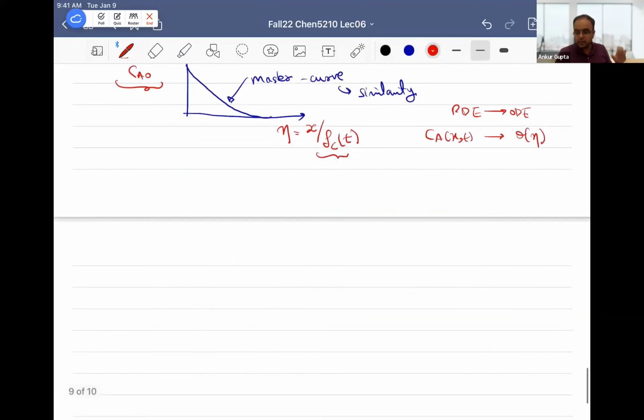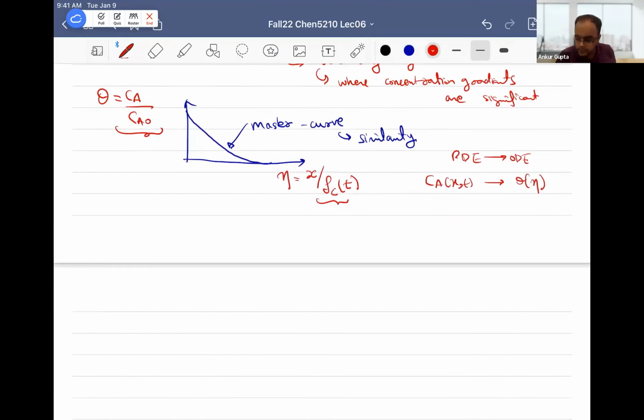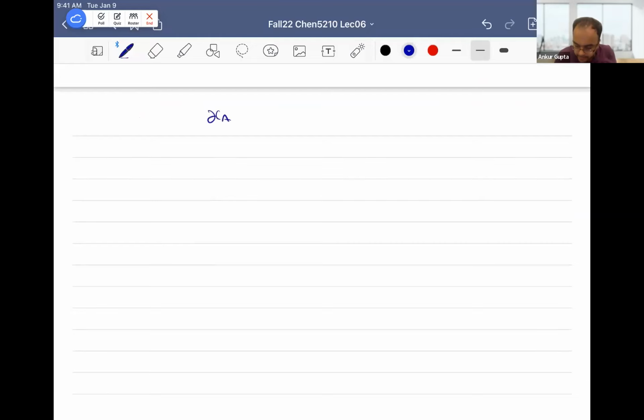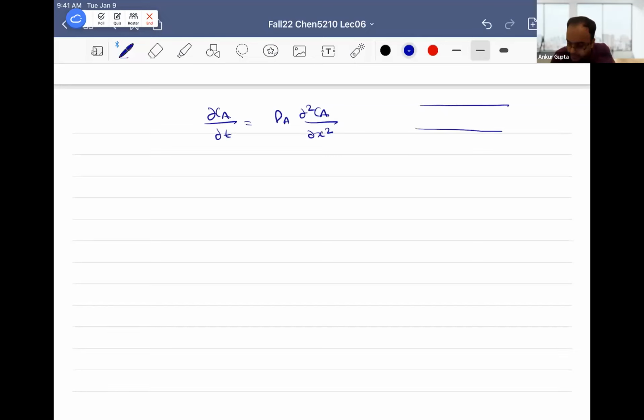So how do I even come up with this number? I have del CA by del T is equal to dA del square CA by del X square. This region is infinite. So this is what I have. And how do I go about this?